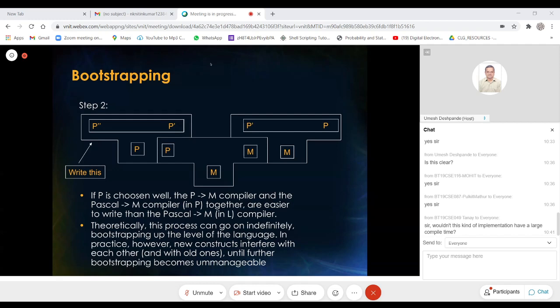We want to use the facility of already existing compilers and already existing machine languages, already existing programming languages or a subset of those languages, to implement these compilers.